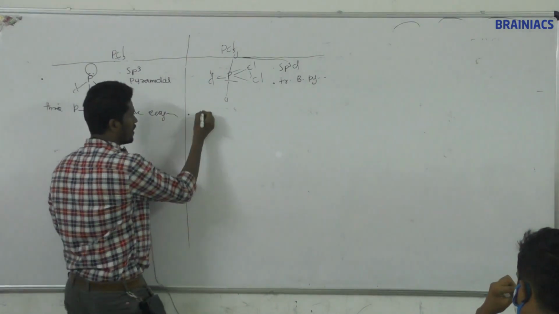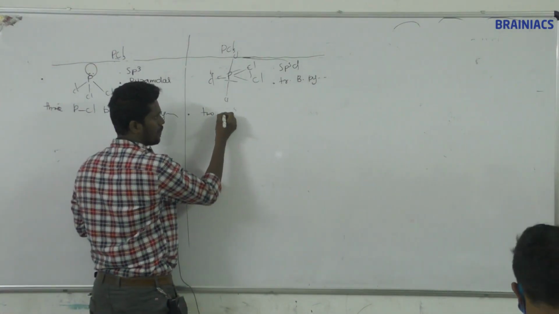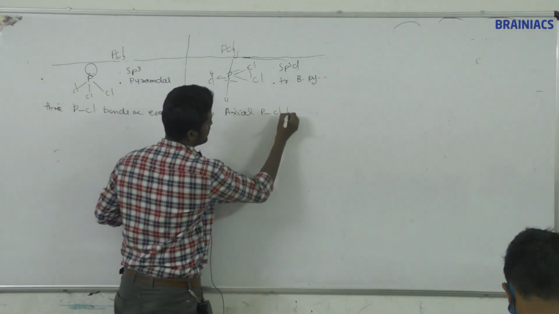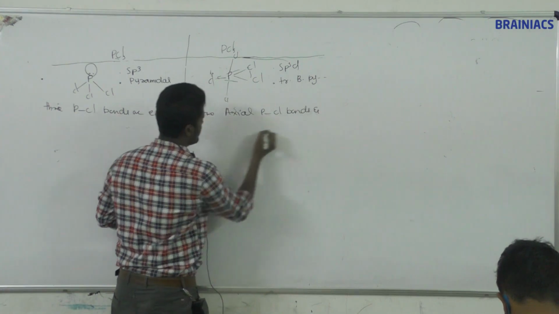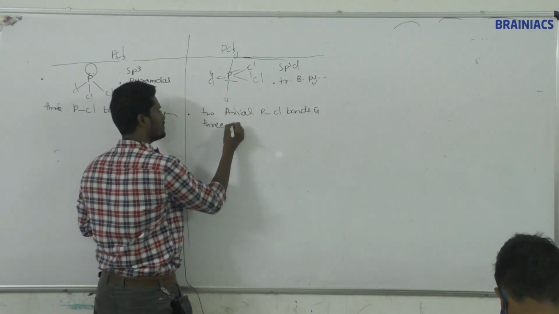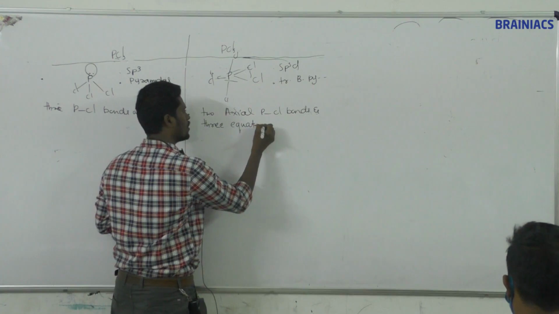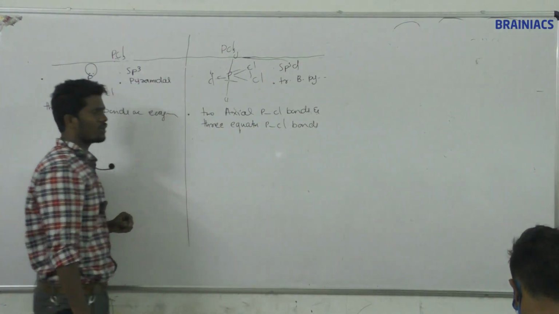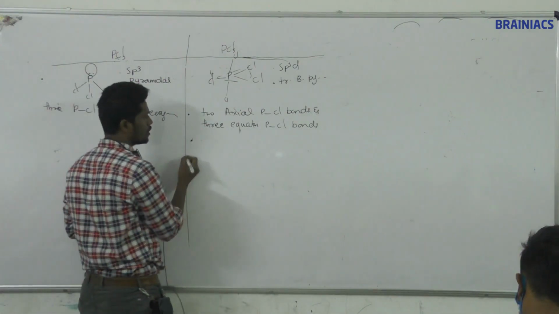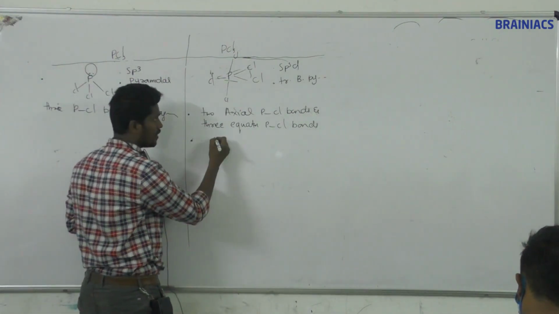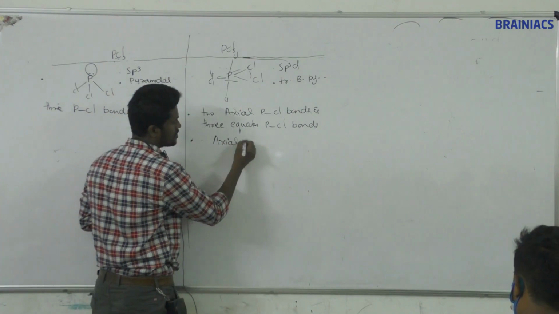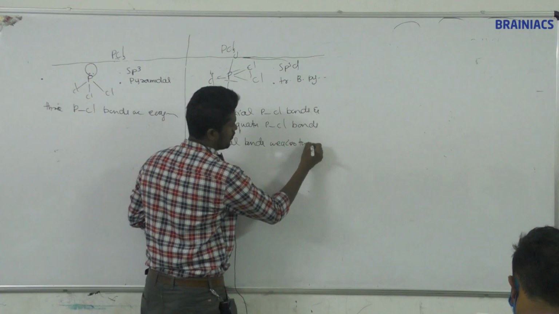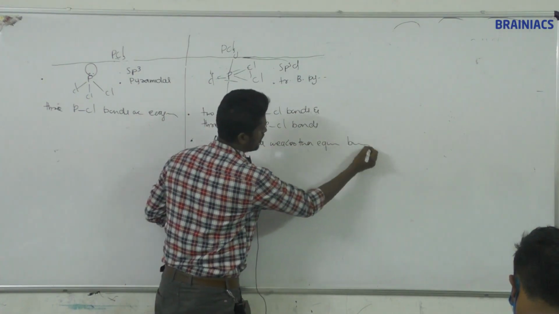But in PCl5 we have 2 axial PCl bonds and 3 equatorial PCl bonds. Which is weaker, axial bonds or equatorial bonds? Axial bonds are weaker than equatorial bonds.